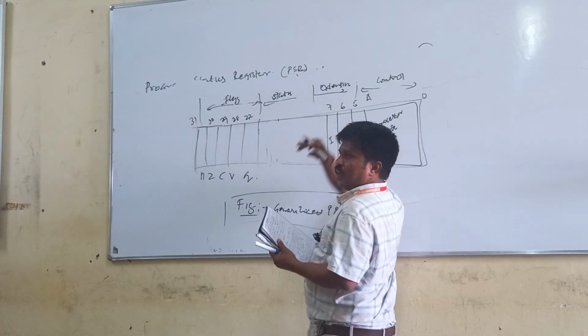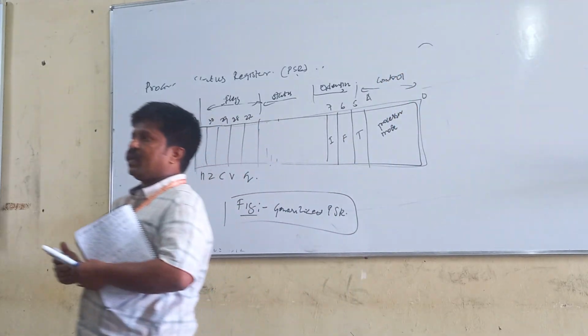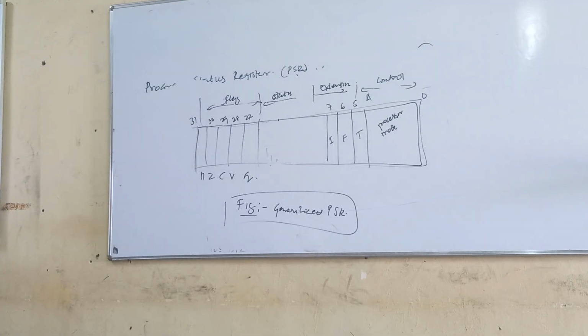What is the size of each field? 8 bits only, 4 times 8 is 32. At least you should have the common sense for this one.